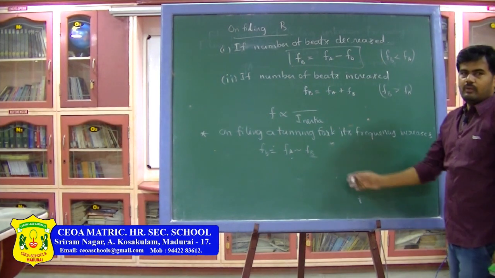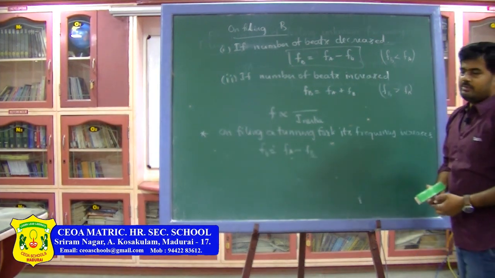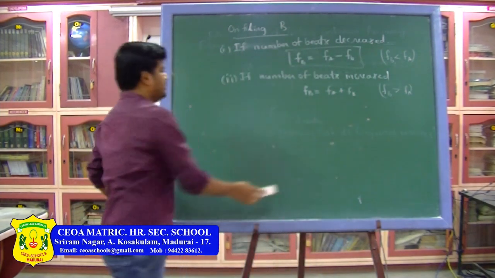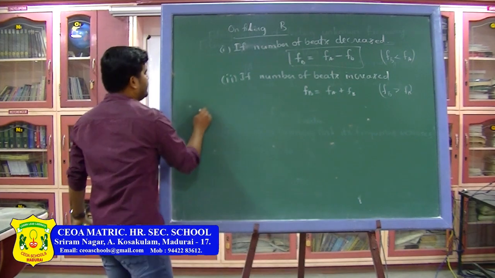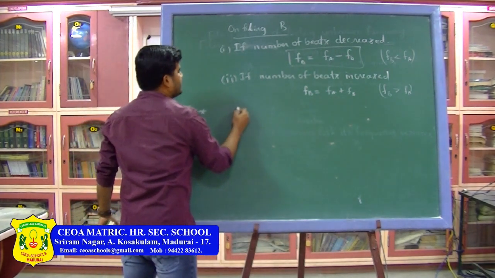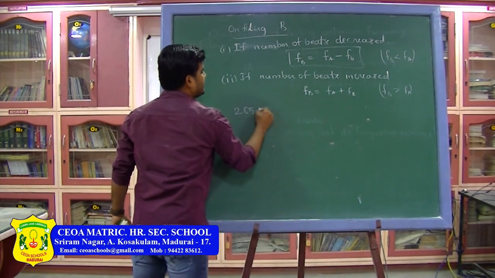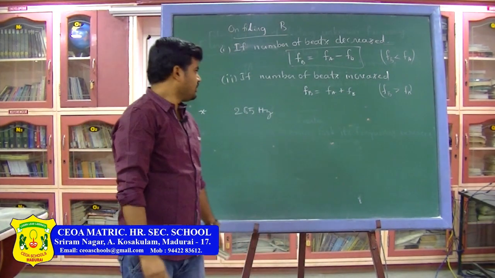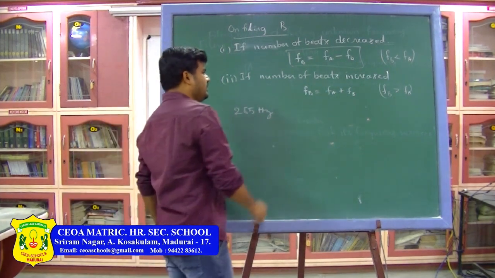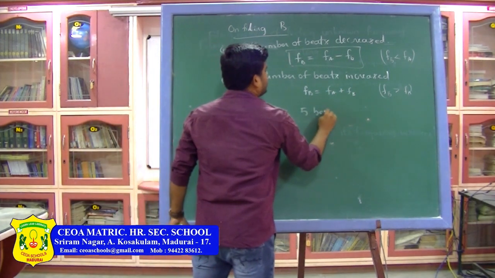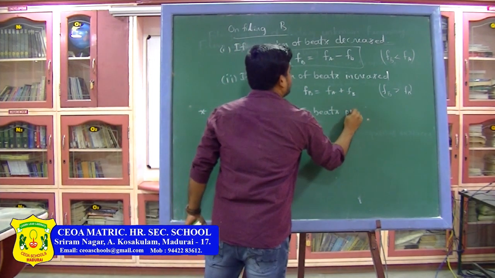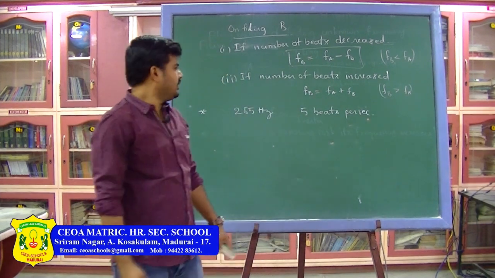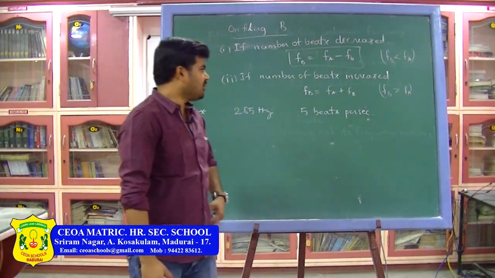Now, let us discuss one example for understanding the concept clearly. A tuning fork of frequency 285 Hz is sounded together with another tuning fork of unknown frequency, producing 5 beats per second, and the other tuning fork is filed so that the number of beats are decreased.